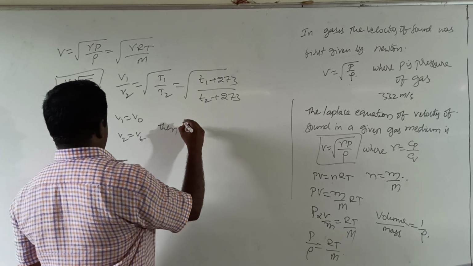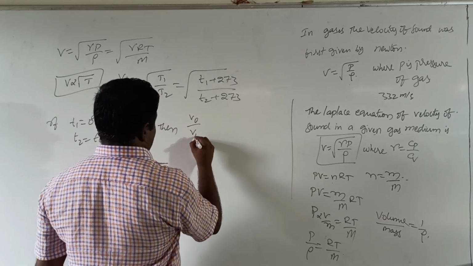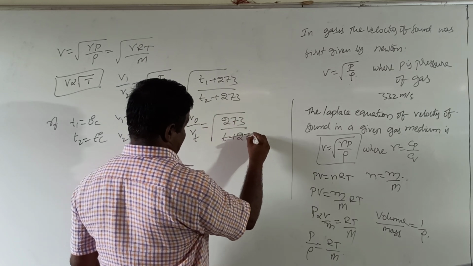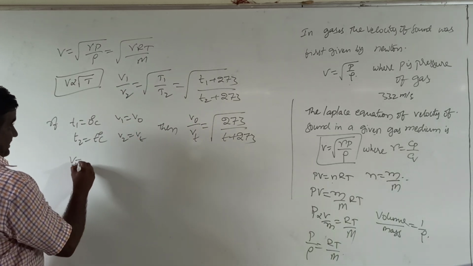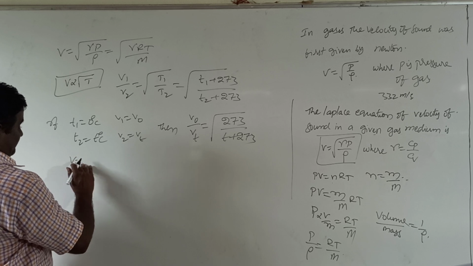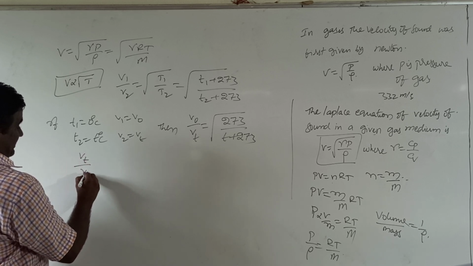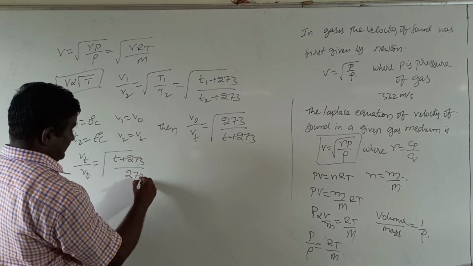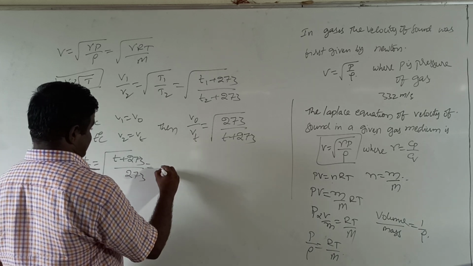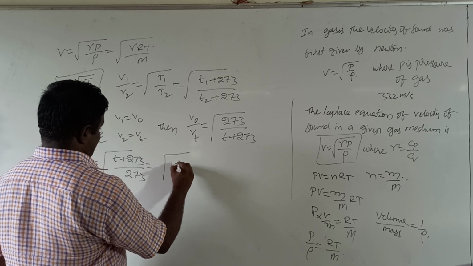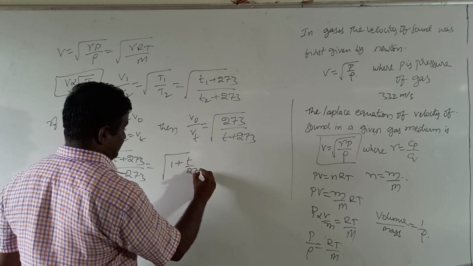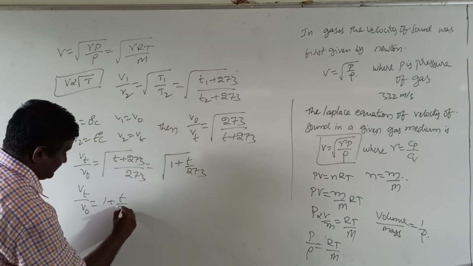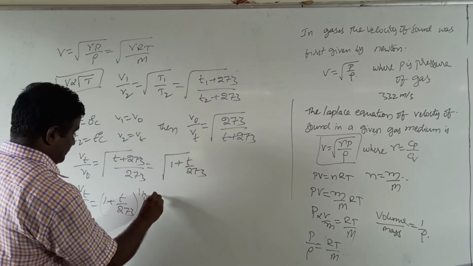Then V0 by Vt equal to root over 273 by t plus 273. Then Vt by V0 equal to root over t plus 273 divided by 273, which is written as 1 plus t by 273. So Vt by V0 equal to 1 plus t by 273 whole power 1 by 2.